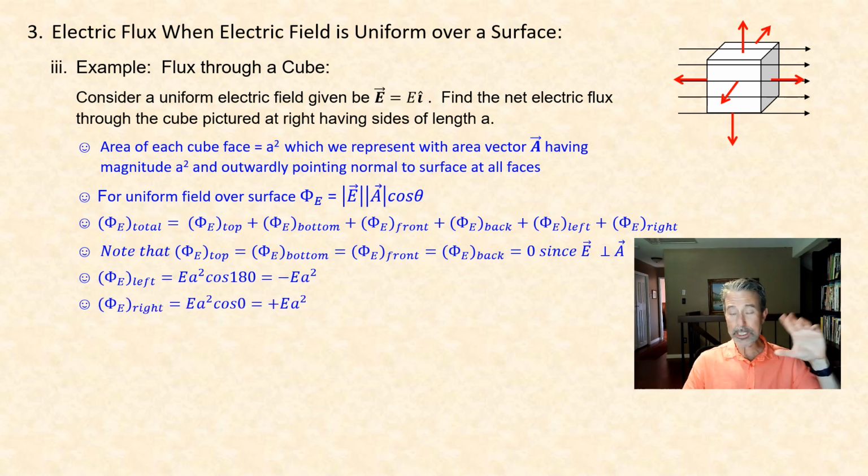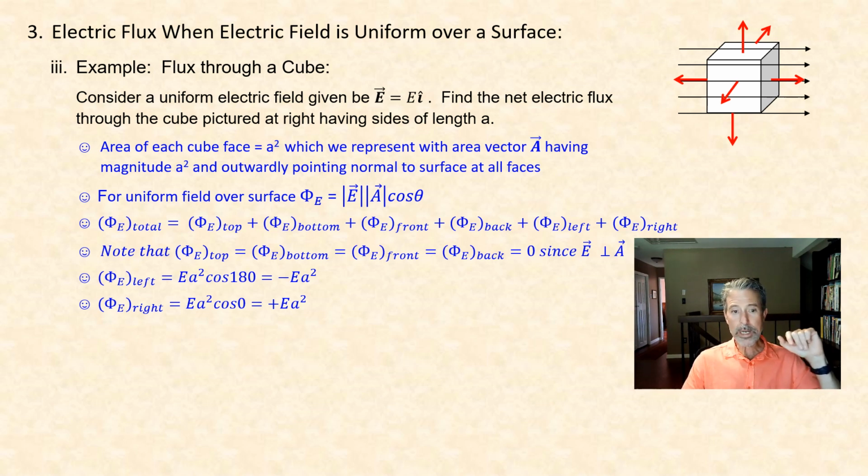When we similarly take a look at the flux through the right-hand face here, in this case, we see that the electric field and the area vector A point in the same direction, in which case we're taking the cosine of 0 degrees. The angle between these two vectors being 0 degrees, the flux is just positive E times A squared.